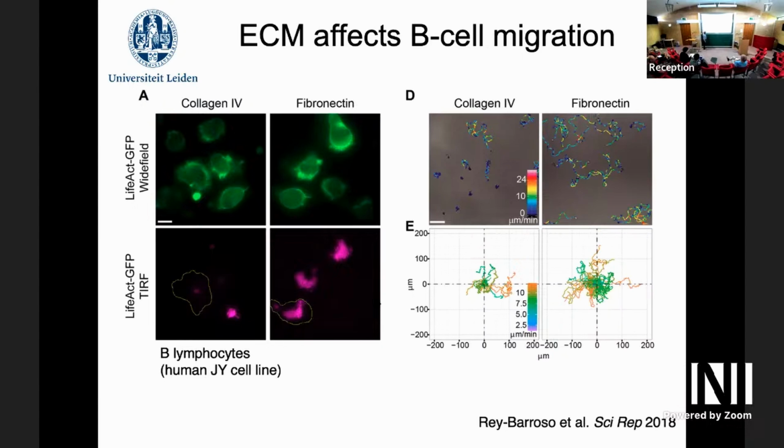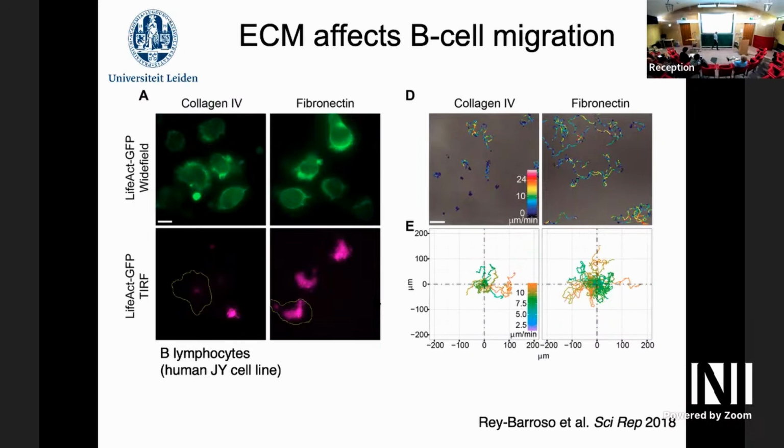So here you see the cells, and it turns out that on collagen the cells form only very small adhesive patches, and on fibronectin they form larger adhesive patches. This is fluorescence microscopy, so you see where they really attach to the substrate.